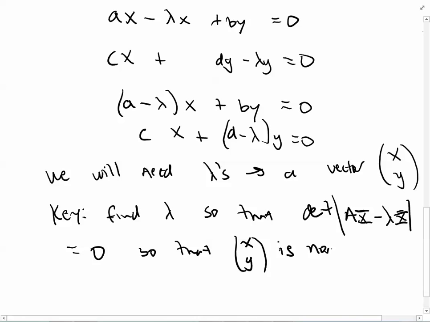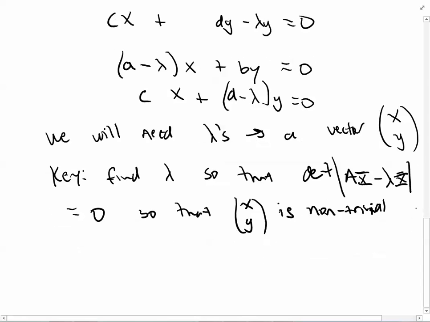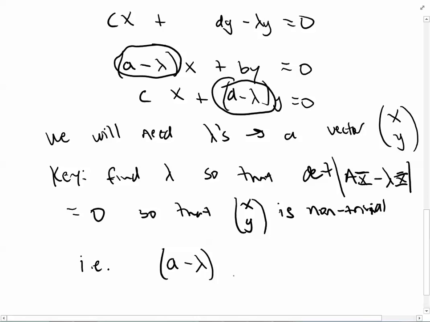Do we get to do that? Do we just get to make that up? Absolutely. We get to specify lambda so that it's non-trivial. Well, what would that mean? It would mean that (a minus lambda) times (d minus lambda), minus c times b, equals 0. Remember it's the cross product, this times this minus this times this.